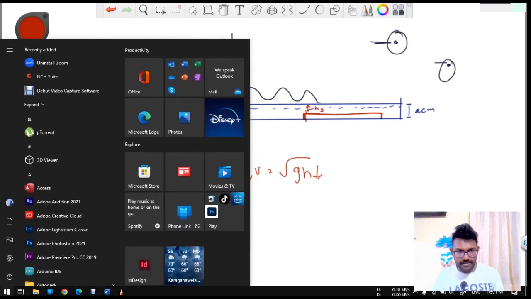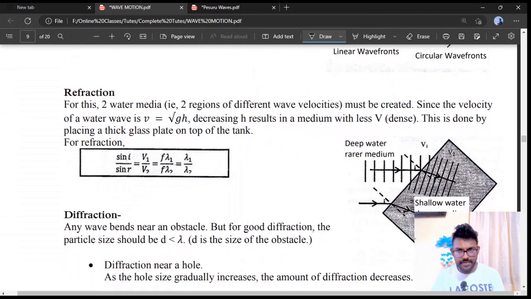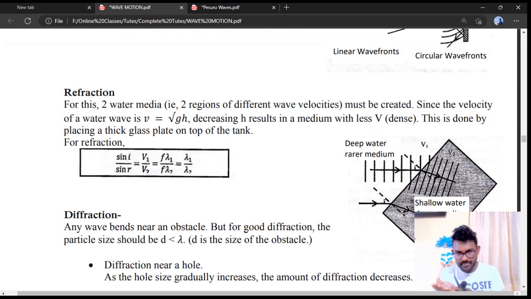Okay, that's what is given in here. This is done by placing a thick glass plate on the top of the tank. Top of the tank means we are placing it at the bottom, on top of the tank. Then you can see here the same scenario that we have considered for the refraction.